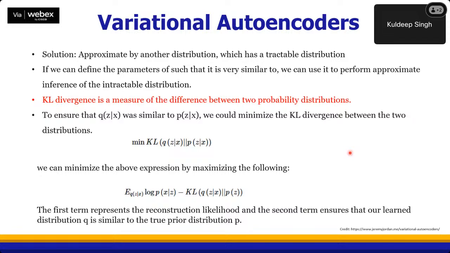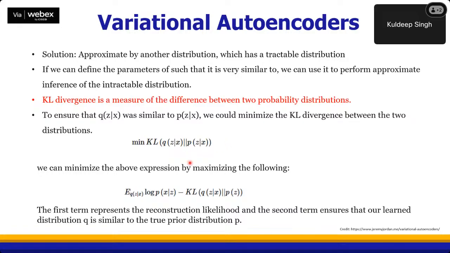So our aim here, since we talked about approximating with another distribution which should be similar to the one which is intractable, is to ensure that this distribution Q(Z|X) is similar to P(Z|X). We can use KL divergence. That means we can minimize the KL divergence between these two distributions, which will signify that these two distributions are very close to each other.